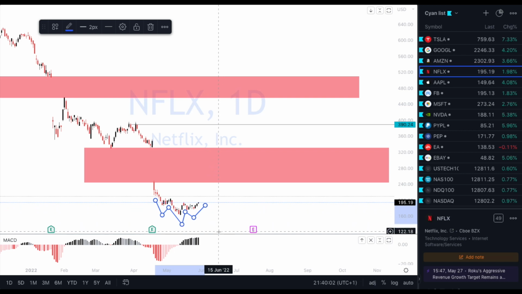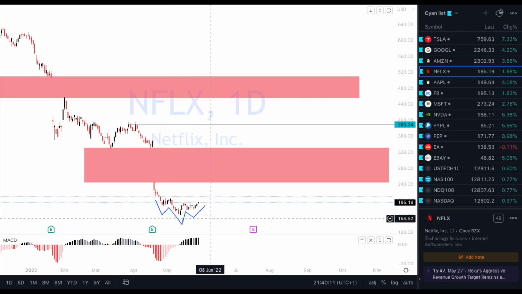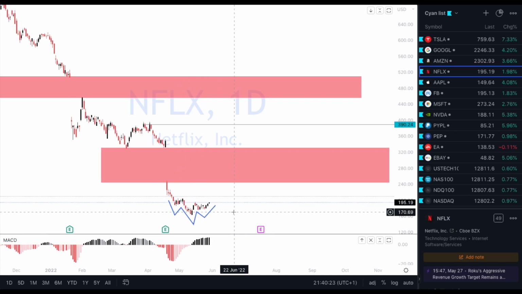What we've got is an inverted head and shoulders. This is the head, shoulder, shoulder. So let's see what it does, if it's going to break down and continue to fall. That's all we can do, just wait and see what it does. But Netflix right now is at a very, very good price.